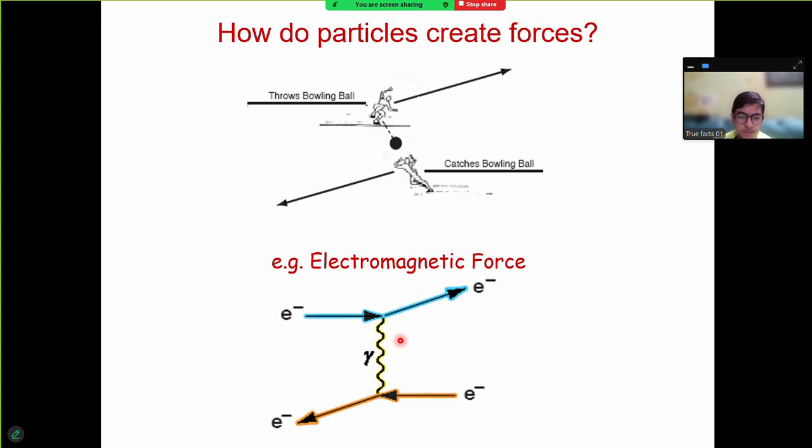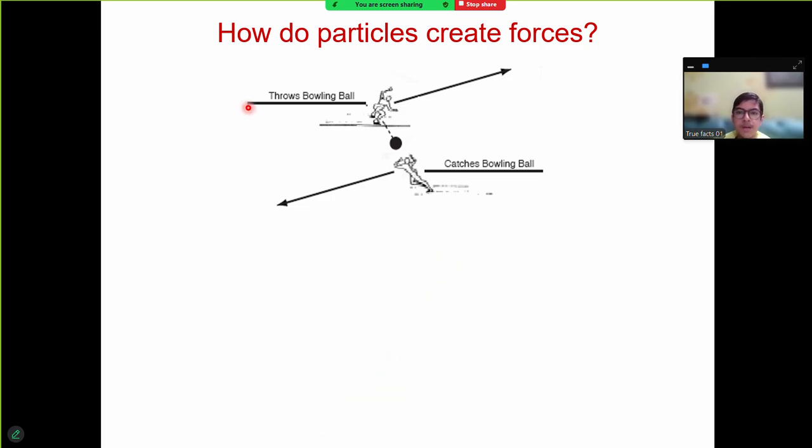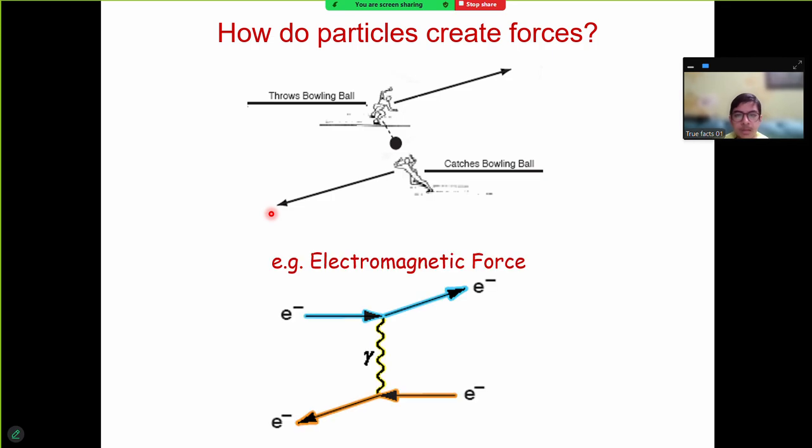How do particles create forces? For example, you threw a ball. The ball is thrown, and you're not catching it. This is what happens in electromagnetic forces. You see these particles, this is gamma. You can notice a similarity here. The ball is thrown, and this person over here is trying to catch the ball.